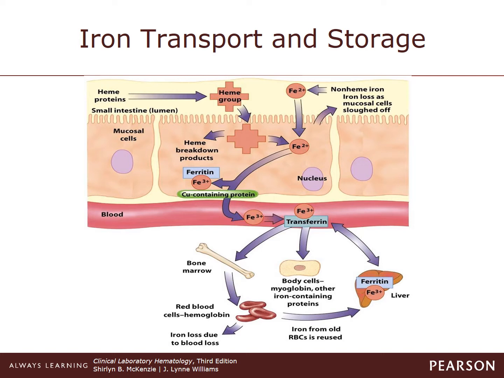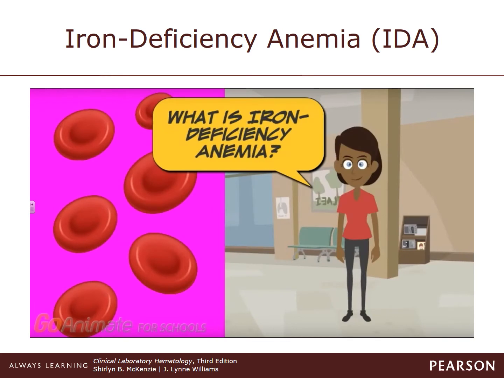Normally in the body, iron is constant in concentration. Humans are unable to excrete it, and the rate of absorption must equal the loss of iron, or anemia will start to occur. Iron deficiency anemia is the most common nutritional deficiency in the world.